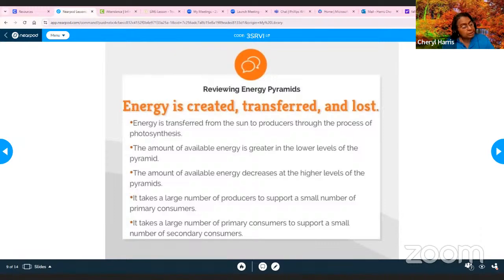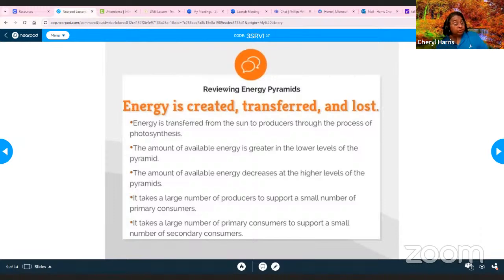Sadie's asking if the pyramid is more complex. It looks more complex because it gives you the bigger picture, but a food chain is more specific because it gives you the specific organisms involved. You could take those organisms in a food chain and put them on a pyramid and tell the same story.